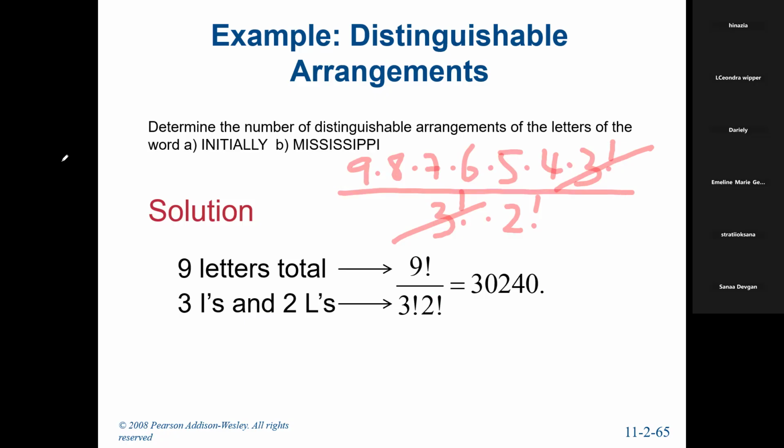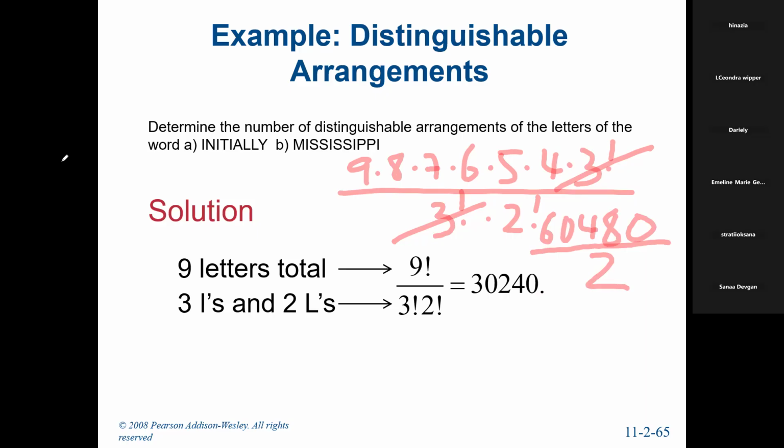And then you divide that number by 2 because 2 factorial is 2 times 1, which is 2. Let me see, 60,480 over 2. Okay?